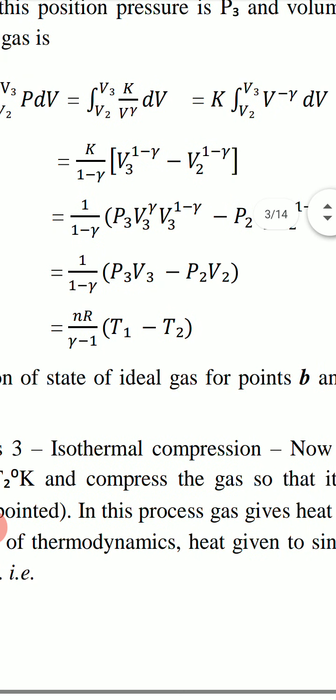This term now becomes 1 upon 1 minus gamma, (P3 V3 minus P2 V2).